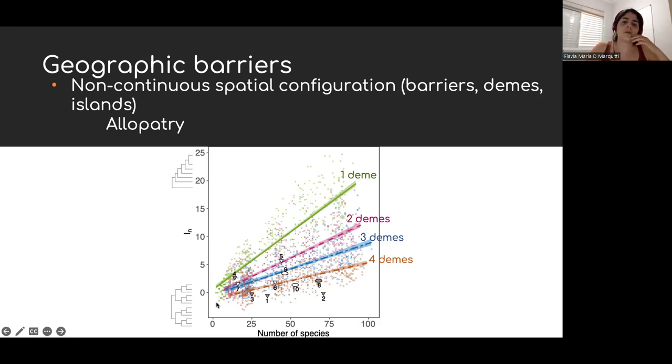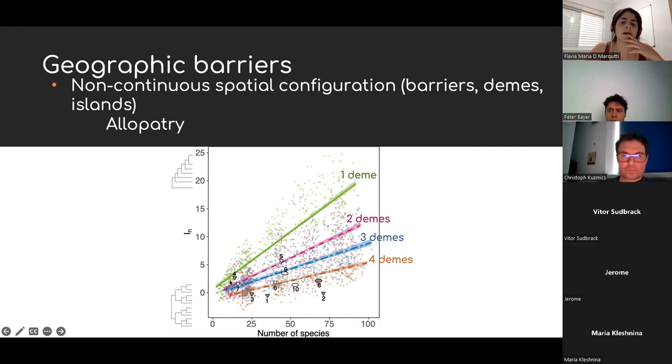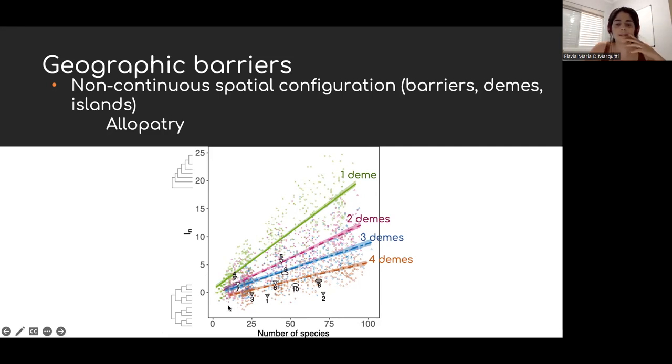So something that we observe is that when there is only one island, as the number of species increases, the unbalancing of these phylogenetic trees increases as well.